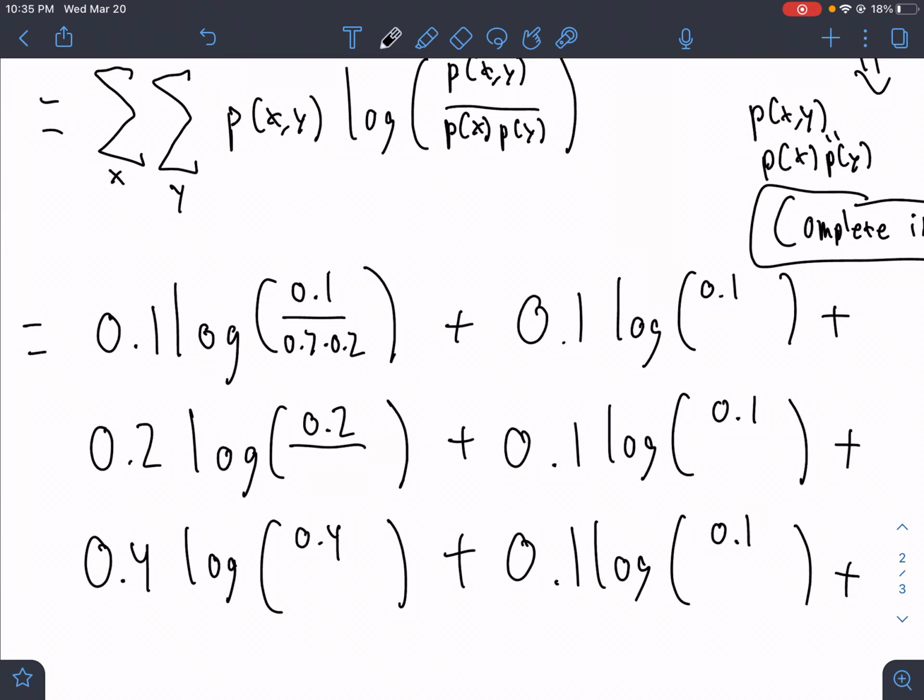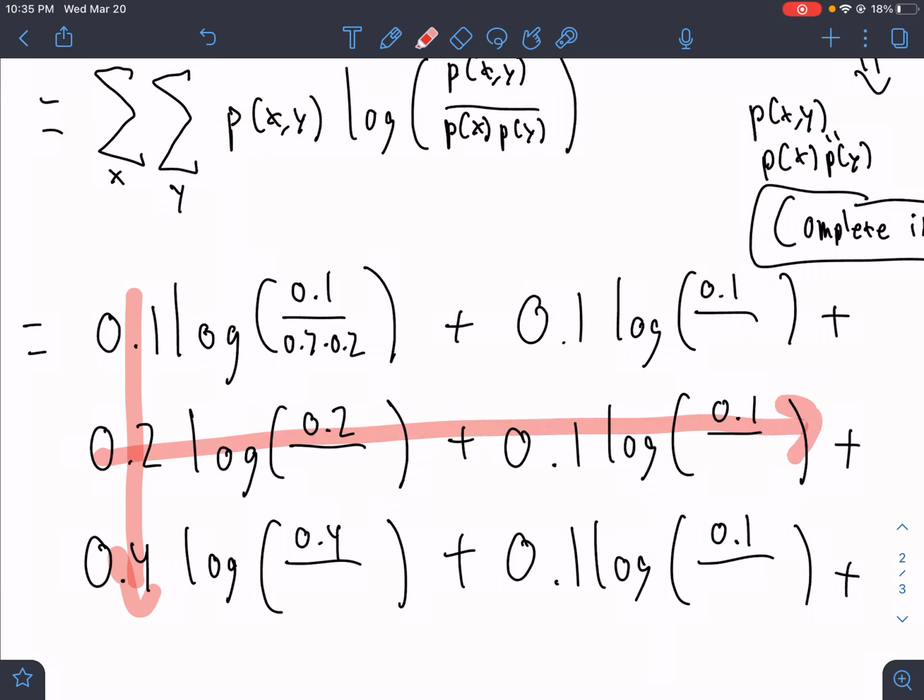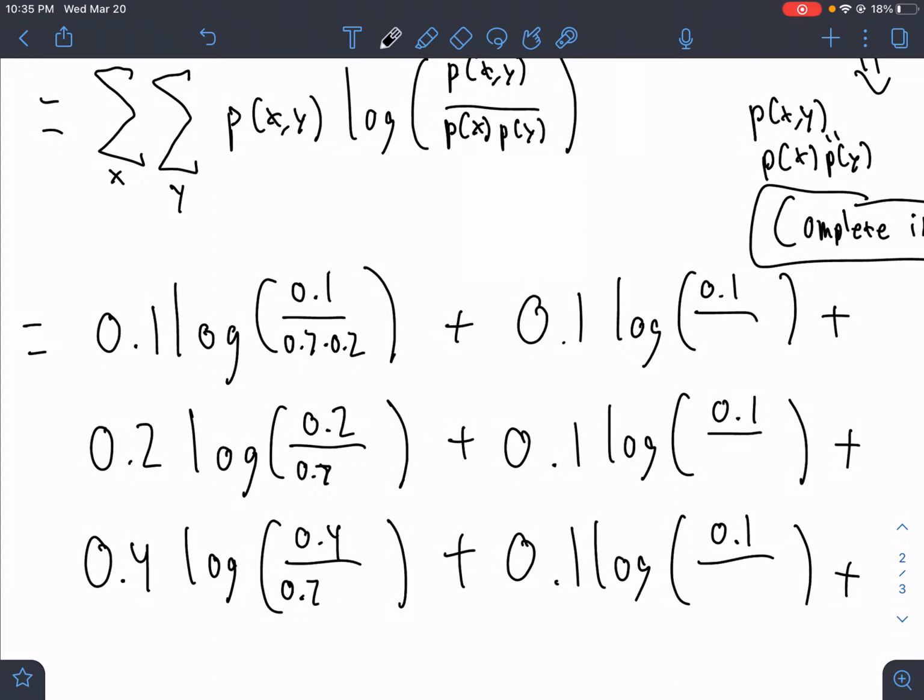And then for the denominators, all we need to do is multiply the column-wise sum and the row-wise sum of the coefficients, in this case, because we just copied the coefficients down. So we have 0.7 times 0.3, 0.7 times 0.5, and then this would be 0.3 times 0.2, 0.3 times 0.3, and 0.3 times 0.5.